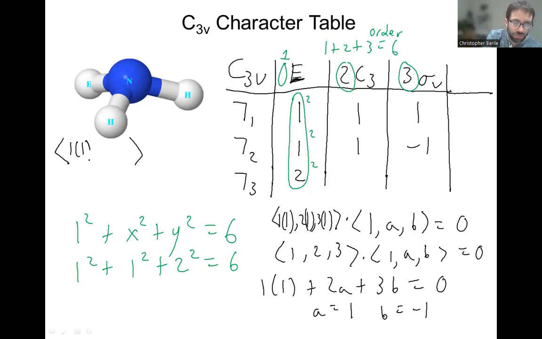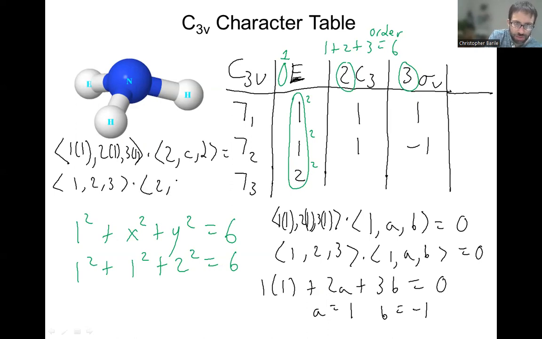So we're going to have 1 times 1 goes up there, and then 2 times 1, and 3 times 1. Again, all the 1s came from here, 1, 1, 1. The 1, 2, and 3 came from up there. Dotted with 2 now, C comma D. And that's going to be equal to, just like we did before, 1 comma 2 comma 3, dotted with 2 comma C comma D, and that whole thing is going to be equal to 0.